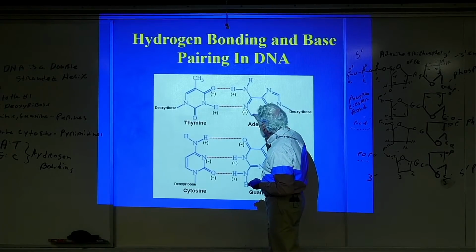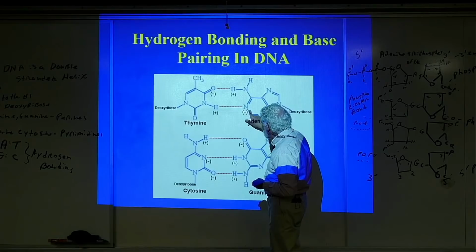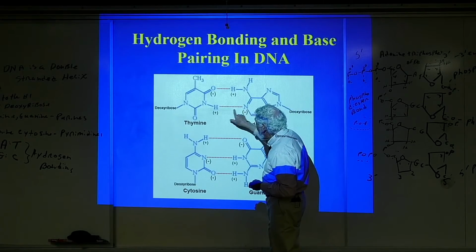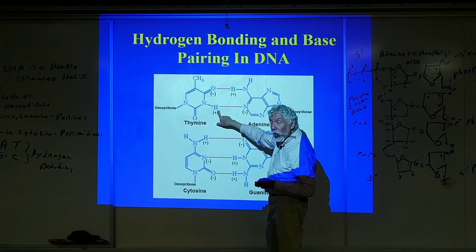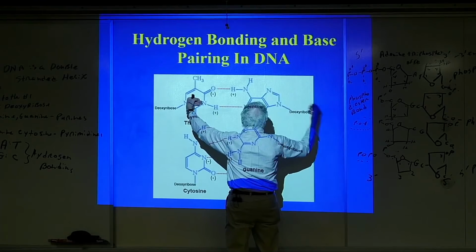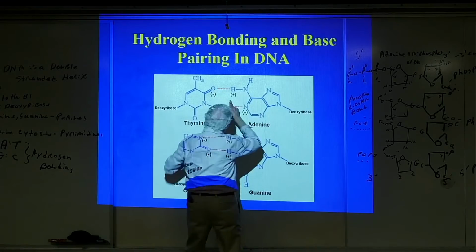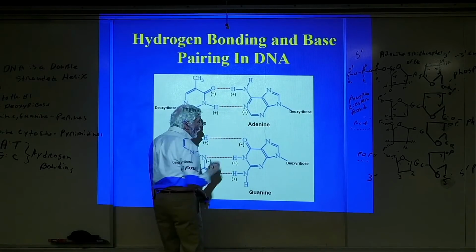On the other hand, because of the sharing of the electrons in this 6-member ring, this nitrogen has had some of its electrons borrowed, so it's negatively charged. So that means this negative charge of the nitrogen can interact with the positive charge in the hydrogen. So these two bases, thymine and adenine, are being held together by the hydrogen bonding here and here.